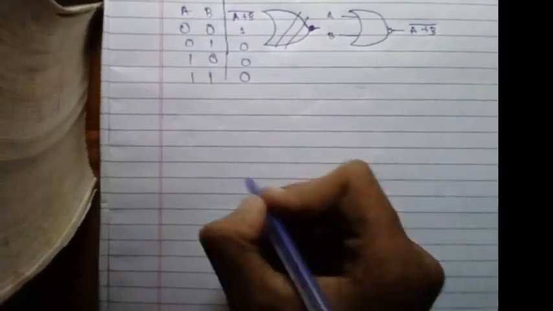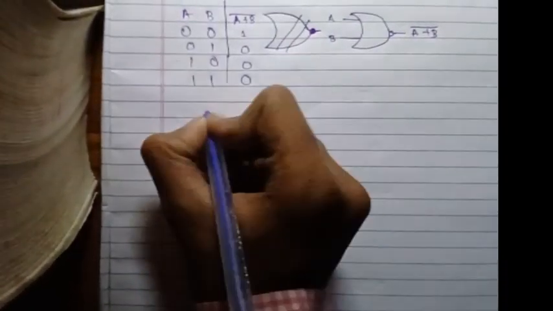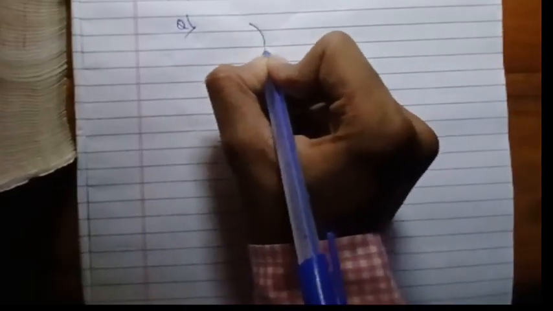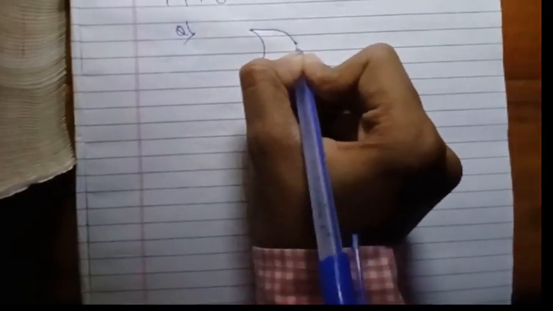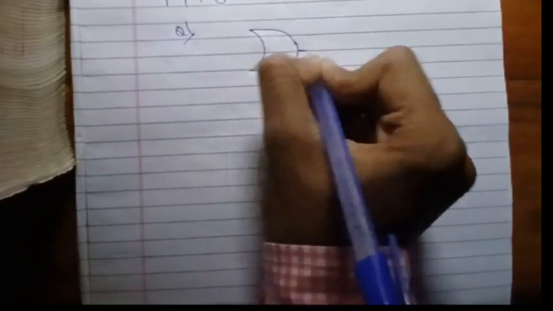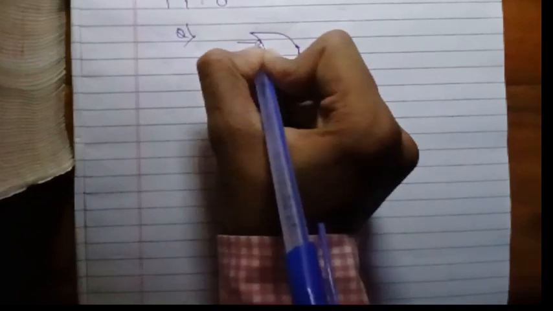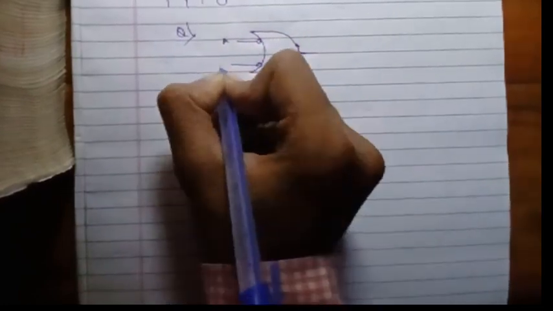Okay, so let us solve some questions from Thomas L. Floyd's book. So here is a question. This one I have taken. Here are two small circles, A here, B here.